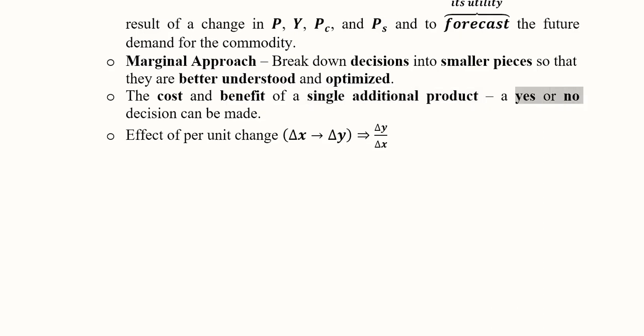So we will be able to say yes or no to the production of further goods and products that we make. And in that, mathematically speaking, the change in x will lead to a change in y, and we have to keep an eye on the change in y, because when we introduce 1 unit of x, what will be the change in y? Is it a desirable change or a positive change for a favorable variable? That will decide whether we should go for that process of production or any other process or not.